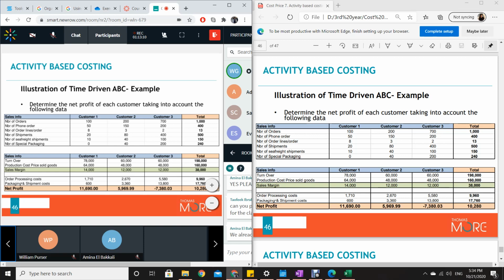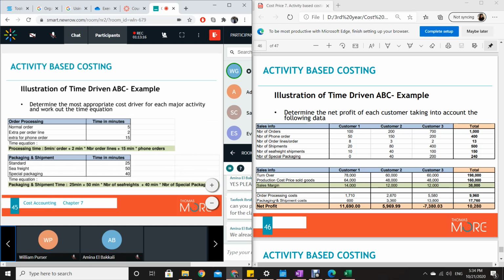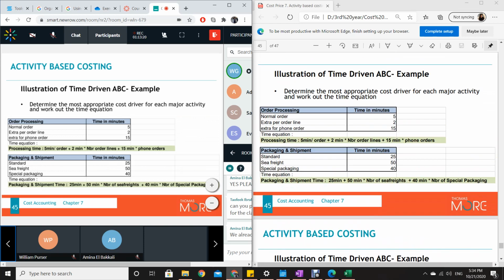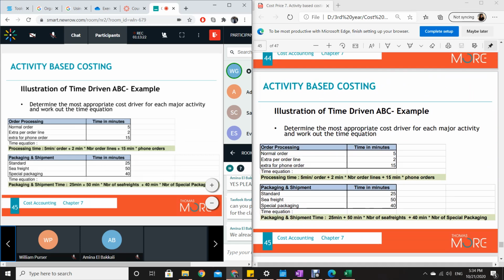Okay, is this clear for you? This is just to make this course and this chapter complete. We will concentrate our exercise on the standard ABC, but this is anyhow a nice exercise to do, working purely on the minutes. I will send you a small exercise in Canvas just to check it out.